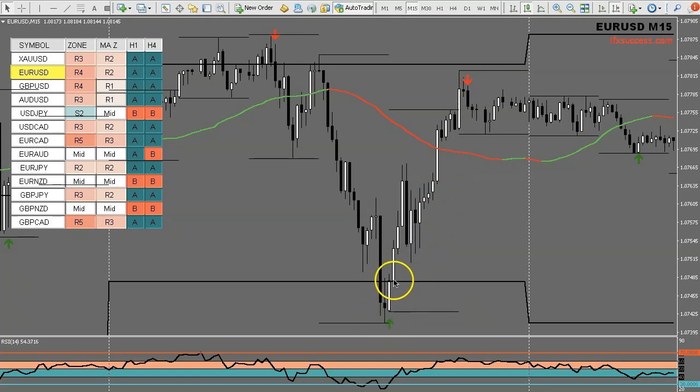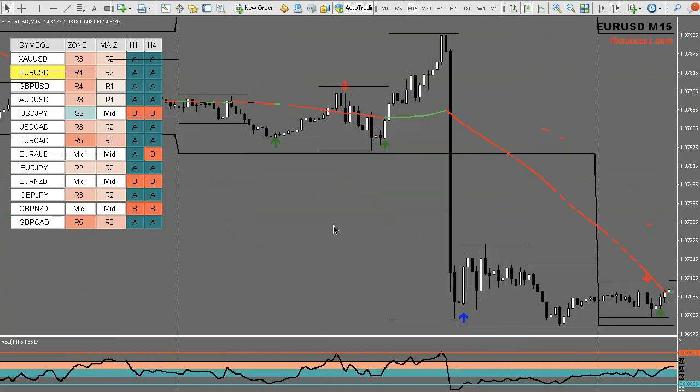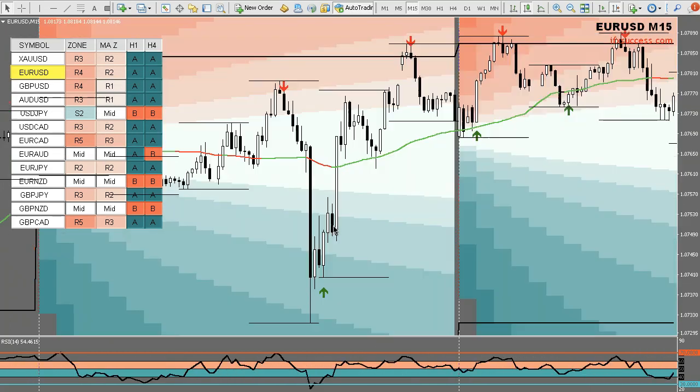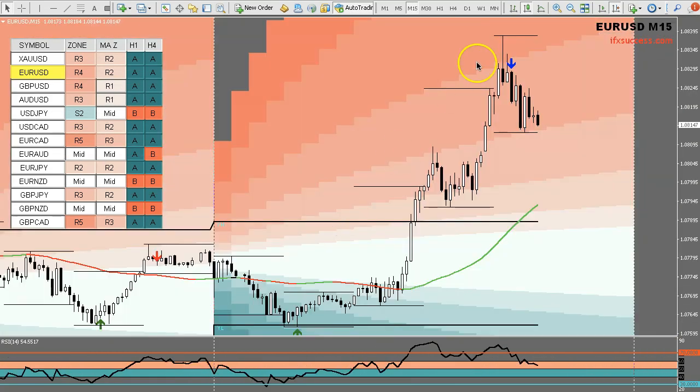At the time of entry, it happened inside my prior 4-hour high and low. That's very important, and that's what I want you to keep tracking. Let's say yesterday's high was higher, and we got the arrow right here inside this prior 4-hour high and low.